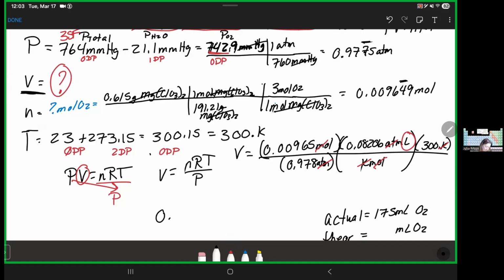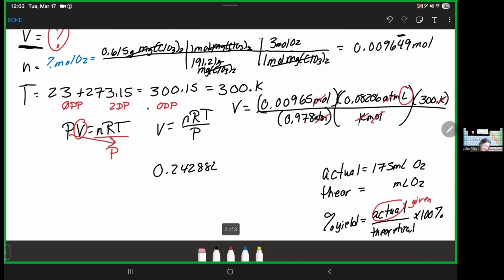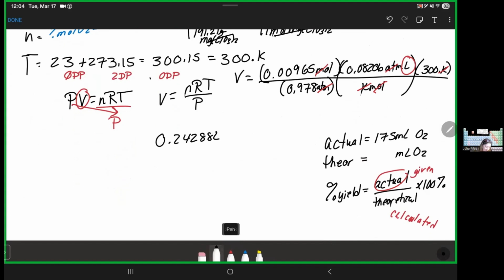When we do that math, I get 0.24288 liters. But because this percent yield is going to use the actual that they gave me in milliliters, this answer has to be in milliliters. Technically we're limited to 3 sig figs on that.